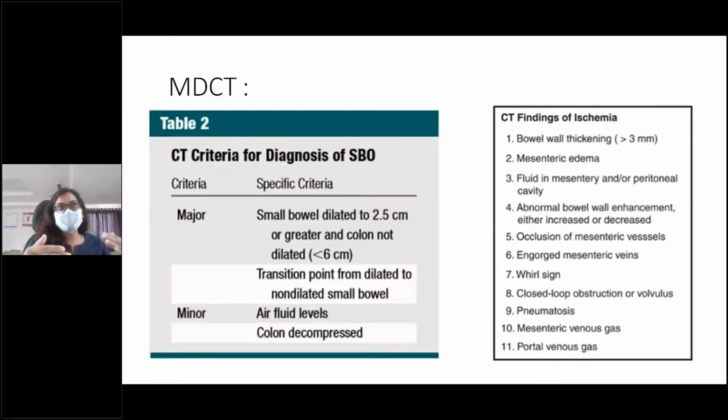I mean the colon must be within the normal limits, that is less than 6 centimeters. Transition point from dilated to non-dilated small bowel should be seen. And the minor criteria include air fluid levels and colon decompressed.